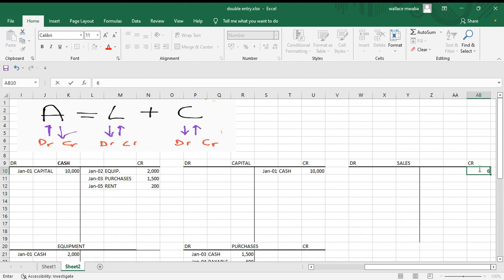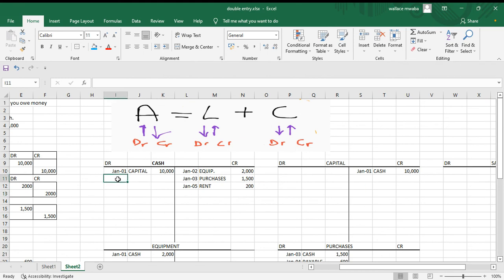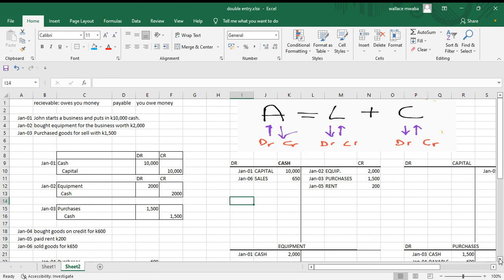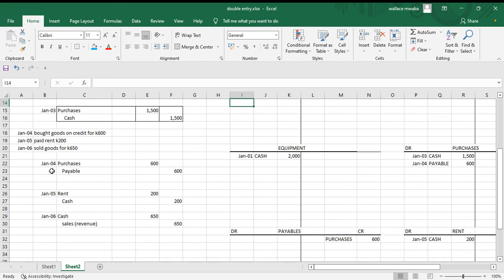Okay, details here. This goes cash account January 6th. And then we come to the cash account. All right, we're going to say January 6th, sales 650. So those are our journal entries and our postings.